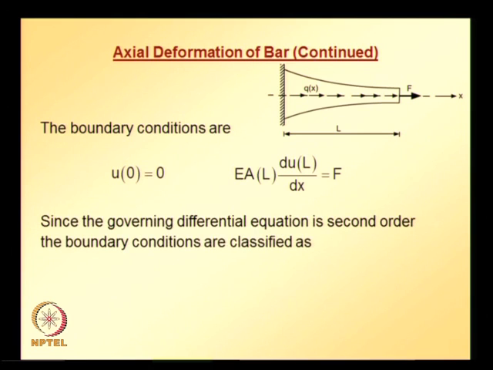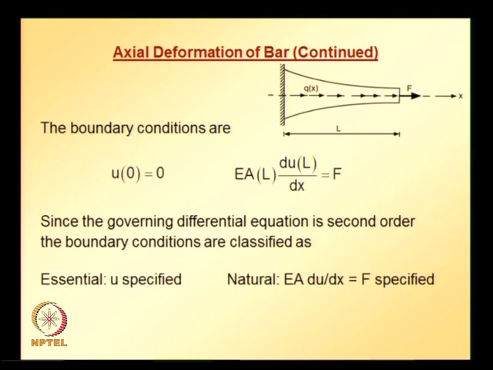and these boundary conditions can be classified into two types: u evaluated at x is equal to 0, which involves, or which is, a zeroth order equation, can be classified as an essential boundary condition.